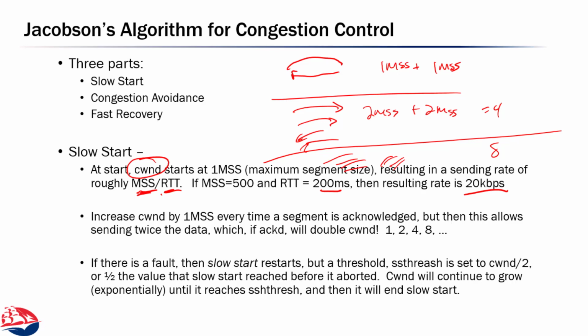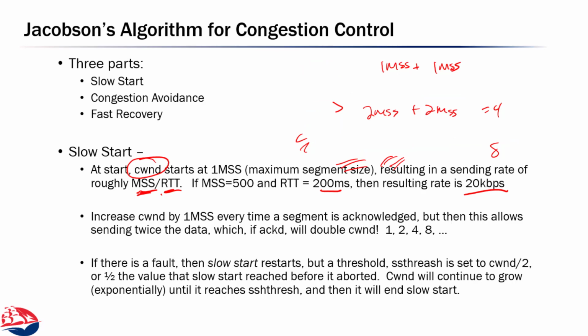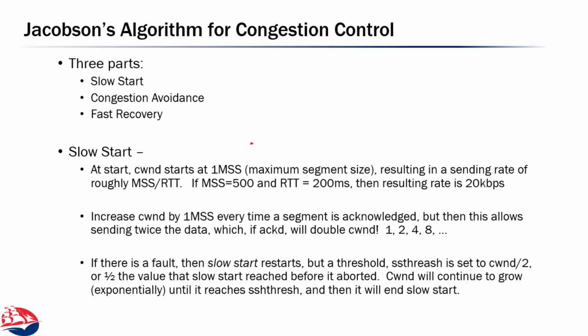So what will eventually happen is we will get to a point where we'll grow and then we'll crash. So let's just draw this out. We start here, there's 1, 2, 3, 4, 5, 6, 7, 8. So the first time I send, we're at 1, and then we go to 2, and then up to 4, and then all the way up to 8, and so on.